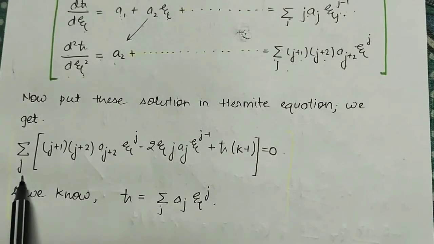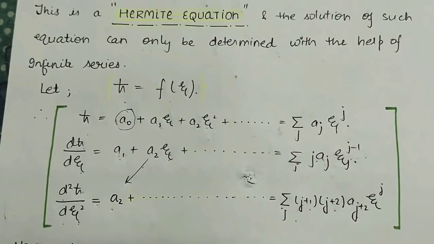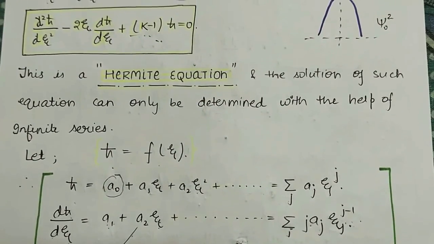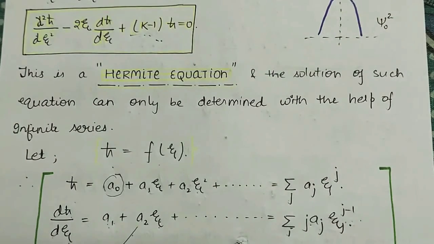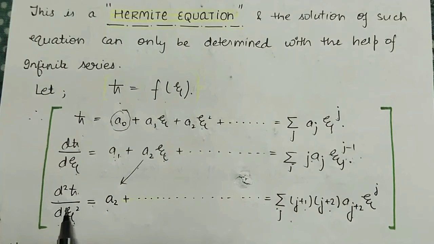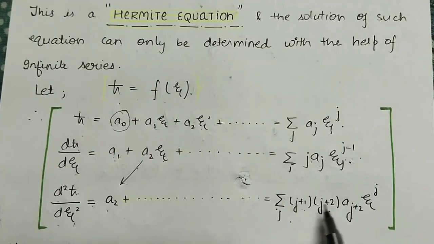sigma j common. Here we have d square h over del xi square, so the value of d square h over del xi square is sigma j plus 1 j plus 2 a j plus 2 xi j.